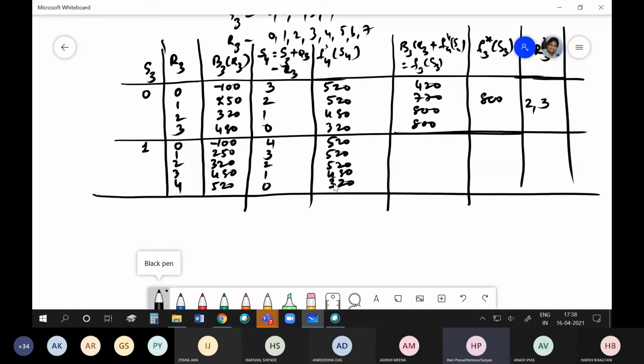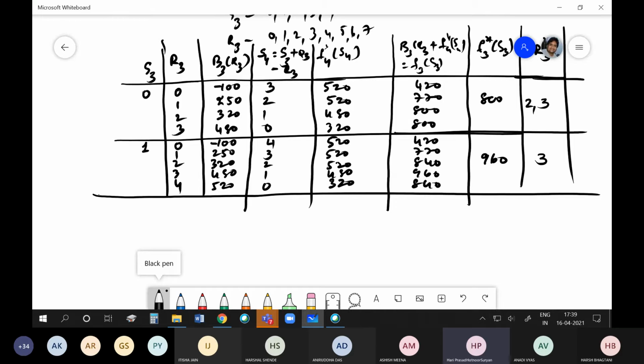Okay, so you get this, you have to add. Okay, when you add this, you will get 420, 770, 840, 960, 840. Okay, so you get 960. So for 960 corresponding to this, my release is 3, or R3 star is 3.